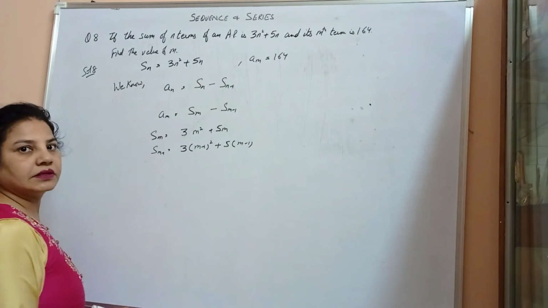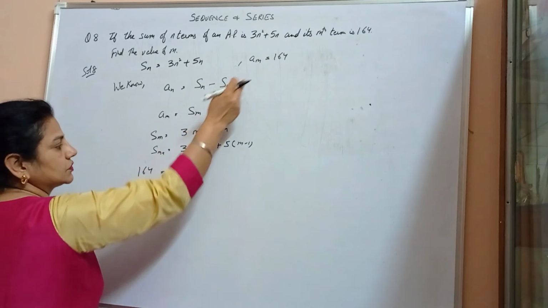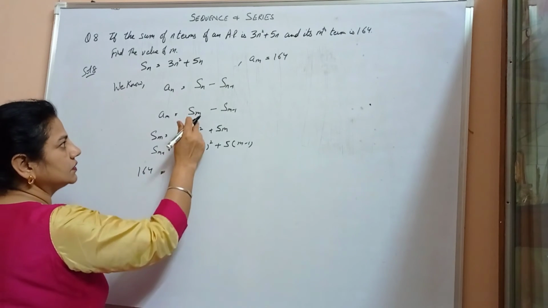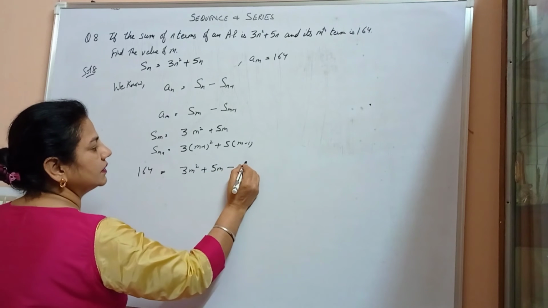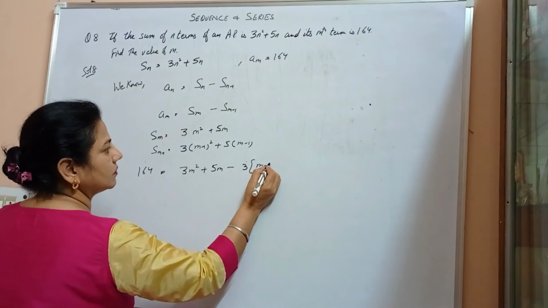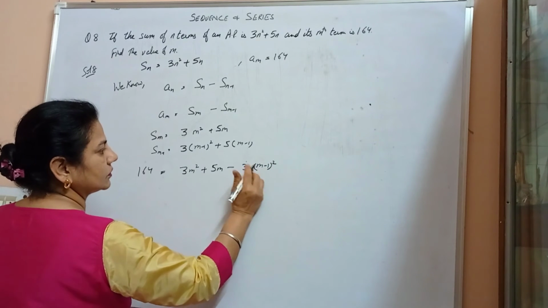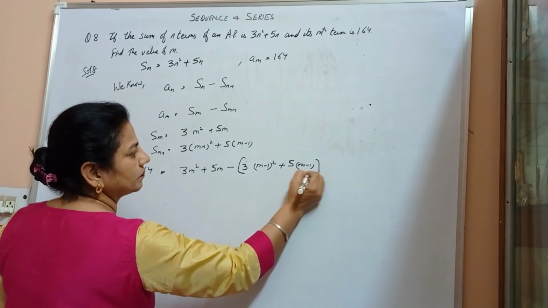Now subtract to get the value. So as the mth term is 164, 164 is equal to 3m square plus 5m minus 3 times (m minus 1) whole square plus 5(m minus 1).